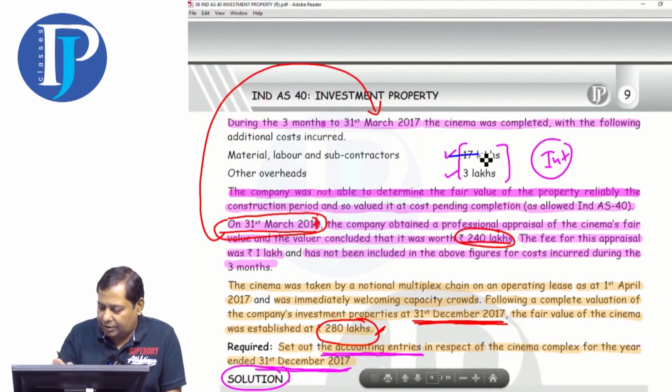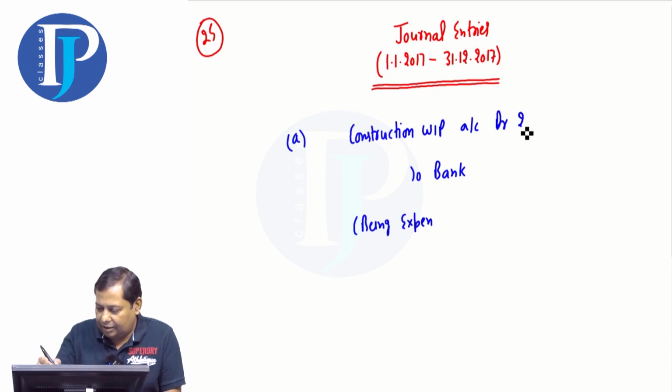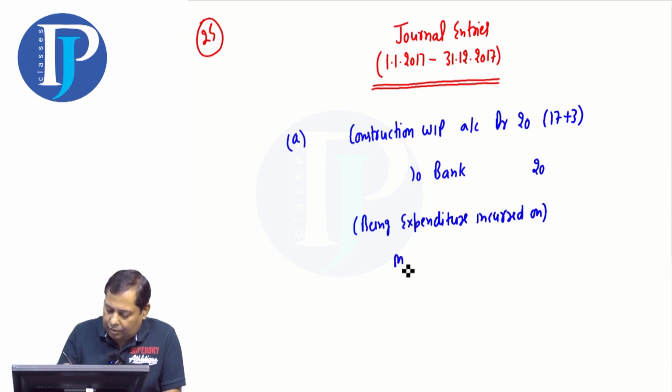What was the cost of material? 17 lakhs. You can do the total 17 plus 3, because it depends on passing different entries. 20, being 17 plus 3, expenditure incurred on material, labor, and overheads.